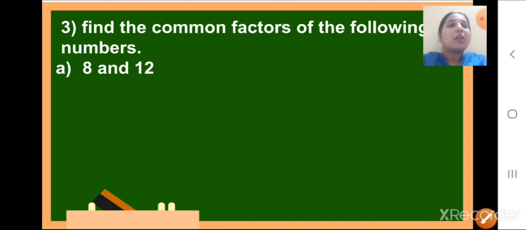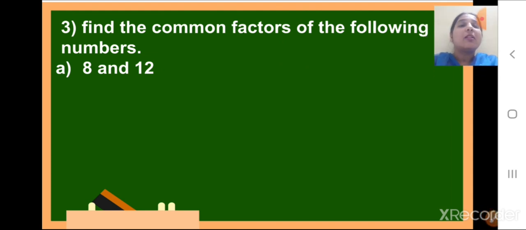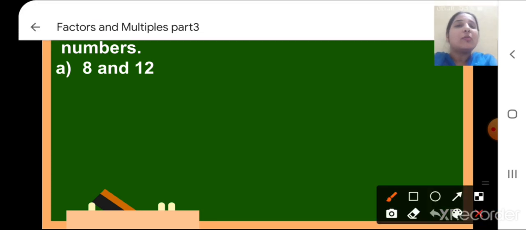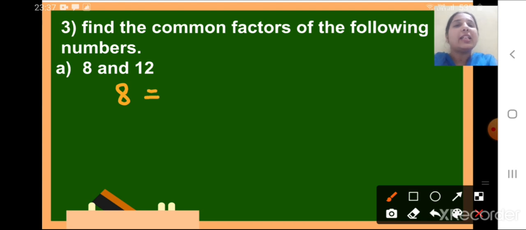Now question number 3 is find the common factors of the following numbers. Children, here we have to find the common factors of the given numbers 8 and 12. First we will write the factors of number 8 and 12. What will be the factors of number 8?